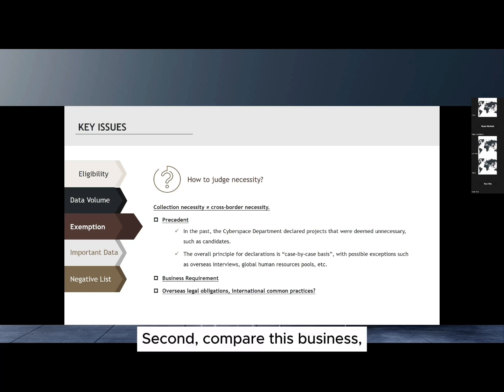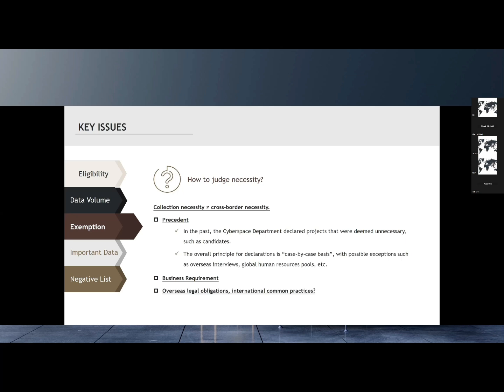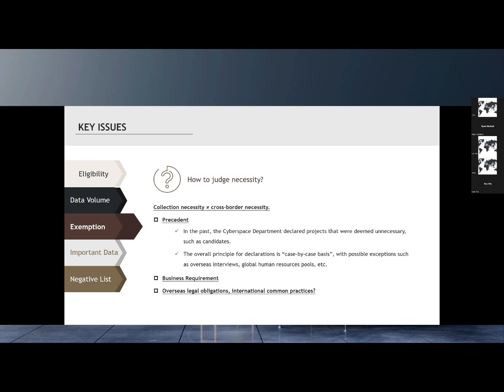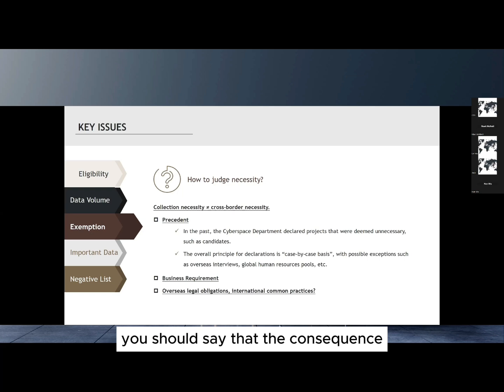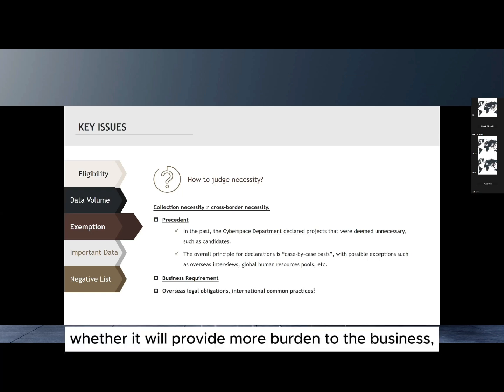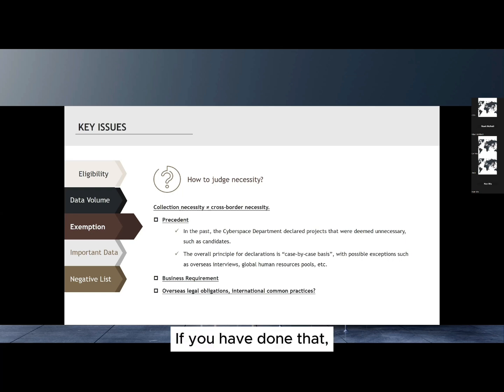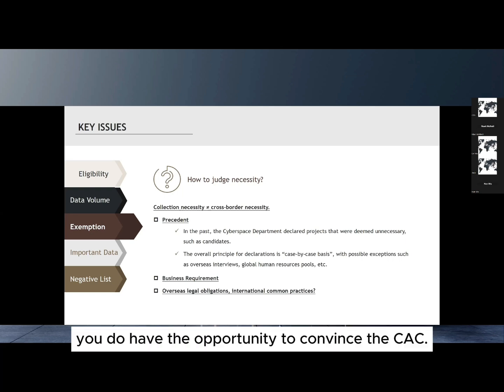Second, compare such behavior to other market players. And third, in your document, you should state the consequence if the CAC prohibits such behavior, whether it will impose more burden on the business or whether it somehow jeopardizes the interest of the candidate, of the individual. If you have done that, you do have the opportunity to convince the CAC.